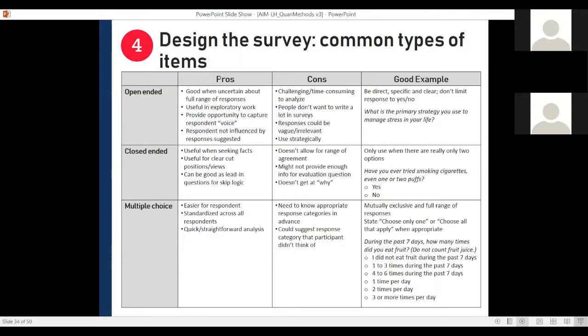So next we can just kind of review some common types of items. And again, this is really review. We've all taken surveys. We've seen these questions before. We may have not thought about the pros and cons of each and how we can use them in our survey, but it's helpful to revisit.